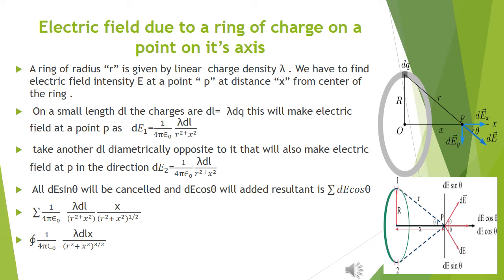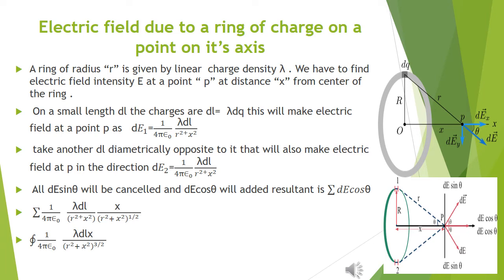The value is summation 1 upon 4 pi epsilon naught lambda dl upon r square plus x square into x upon under root r square plus x square, that is, to the power 1 by 2. If we combine and calculate this, we are left with the electric field which is summation 1 upon 4 pi epsilon naught lambda dl x upon r square plus x square to the power 3 by 2.